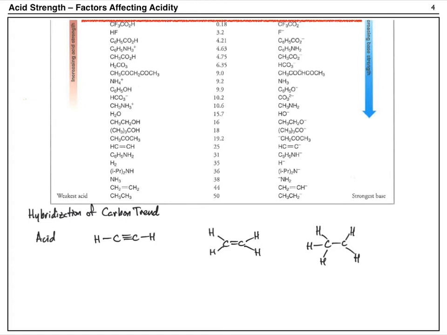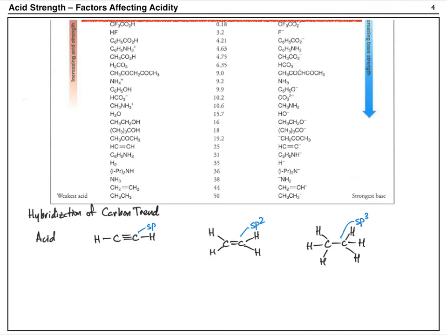So all of these have one unique type of carbon. This is sp hybridized. This is sp2 hybridized. This is sp3 hybridized. And so that's going to be important for us in understanding this trend.